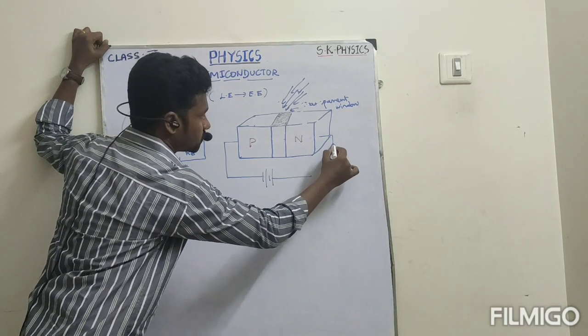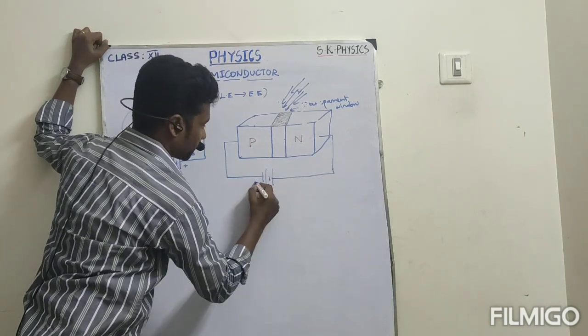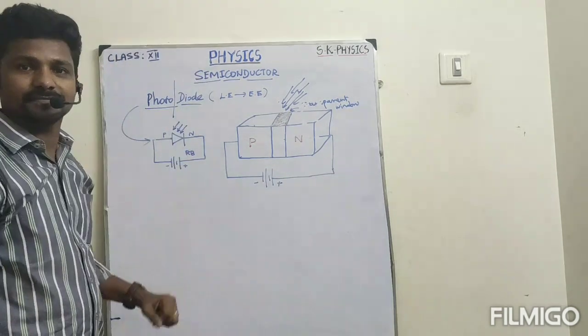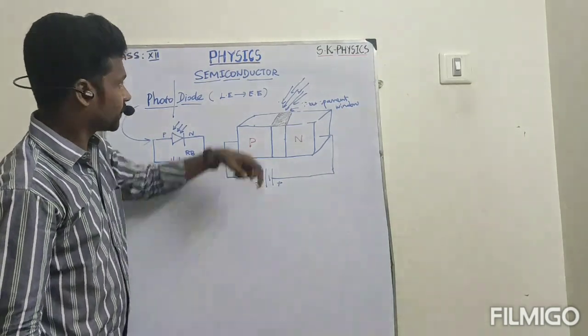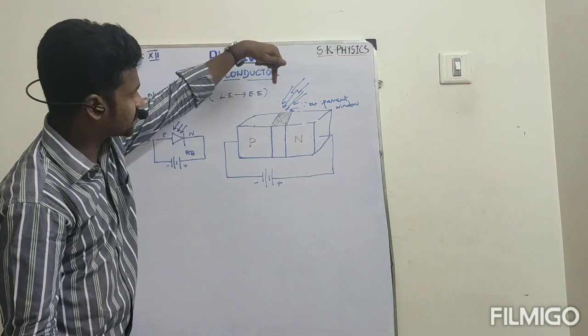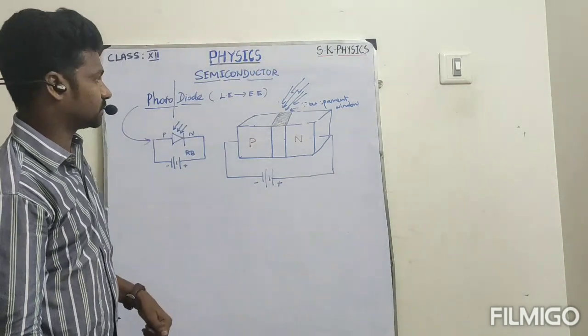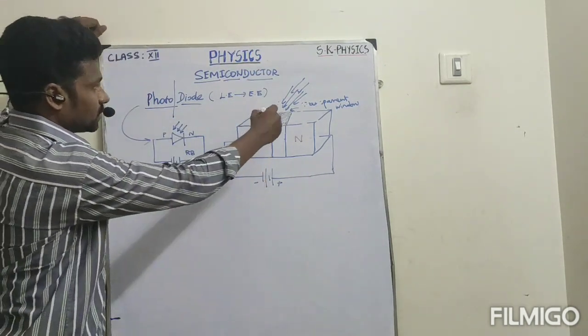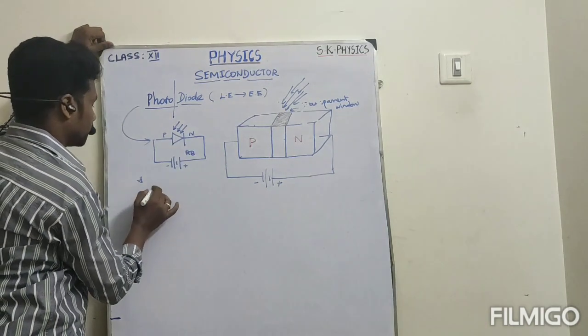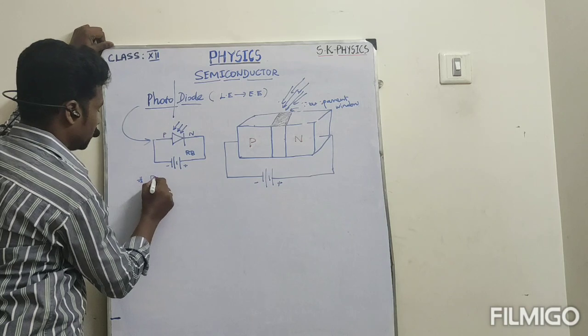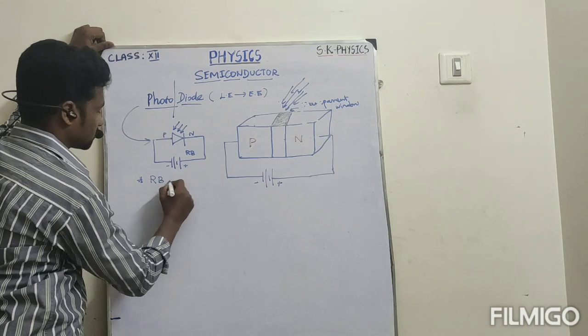Please listen, students, it's minus and plus. Now the same thing, we apply the light energy on the transparent window. So the very first point, it is operated only in reverse bias.